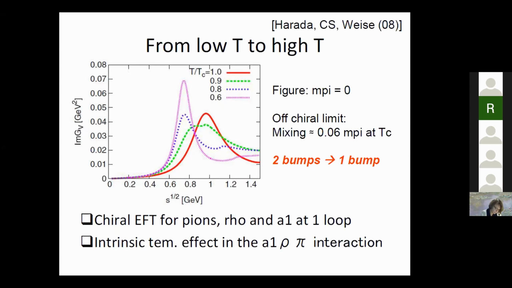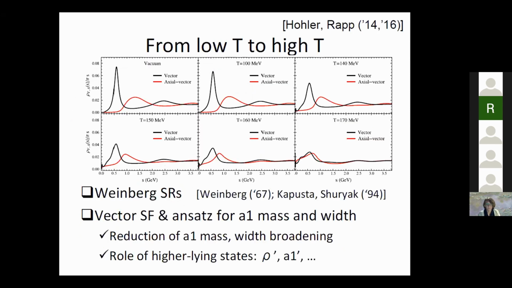This must vanish because otherwise the decay of A1 to rho pi cannot be closed. Since the rho and A1 must become chiral partners, this decay channel cannot be open. So essentially, in those papers, they have observed basically the same physics in slightly different language.